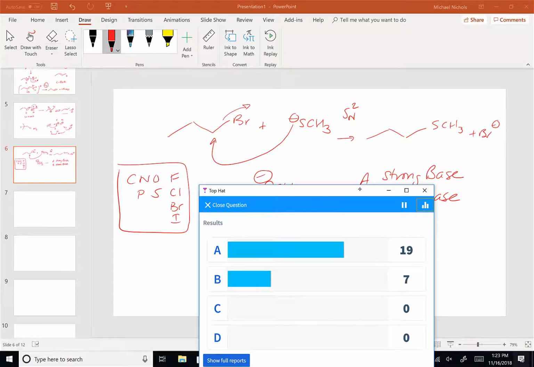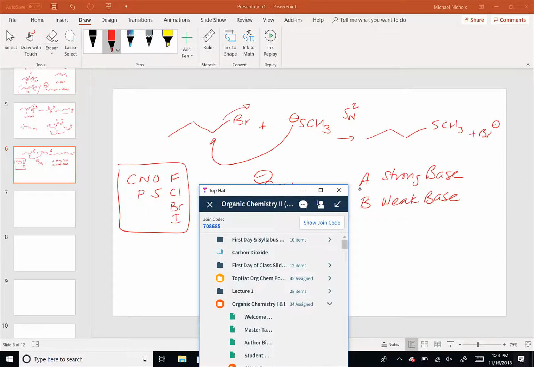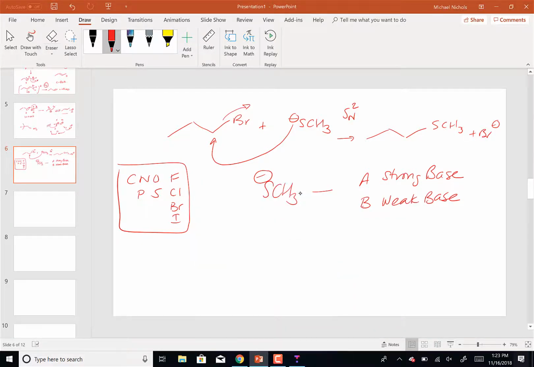Okay, 19 people say A, it's a strong base. So how did you conclude that it's a strong base? Because basicity gets stronger as you go up the periodic table. So I was thinking that sulfur is higher up the periodic table than bromine is.